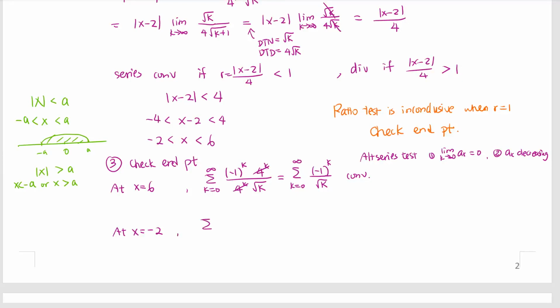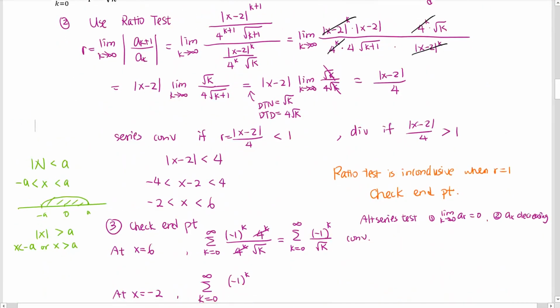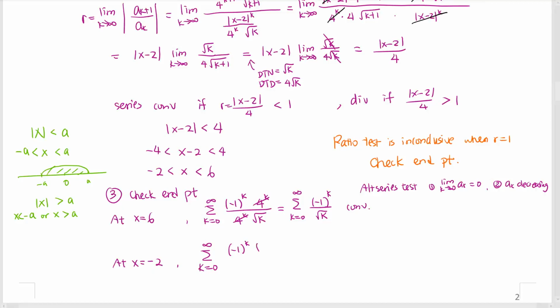And how about on the other hand, when x equals negative 2? Well, negative 2 minus 2 is negative 4. So we have negative 4 to the k over 4 to the k square root of k. You can actually split this as negative 1 to the k and 4 to the k over 4 to the k.